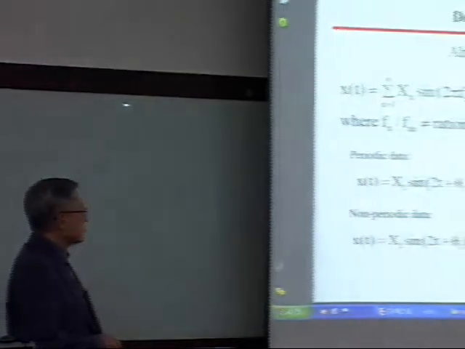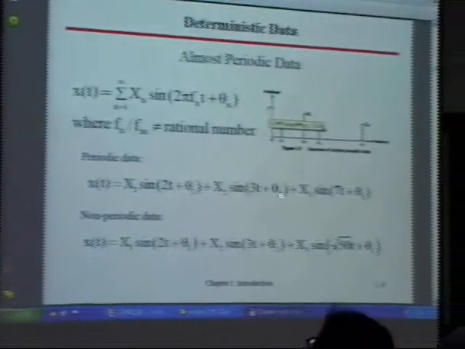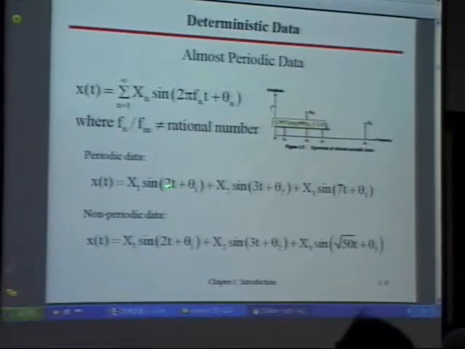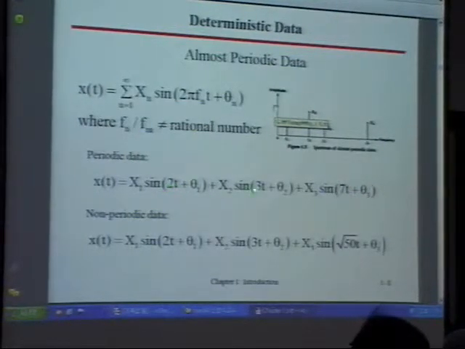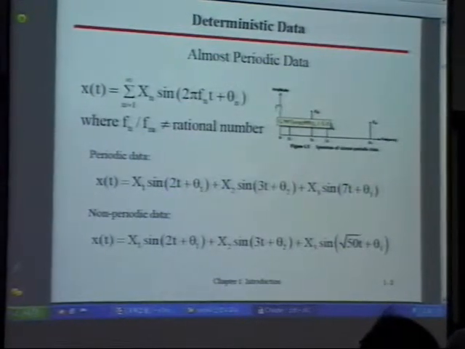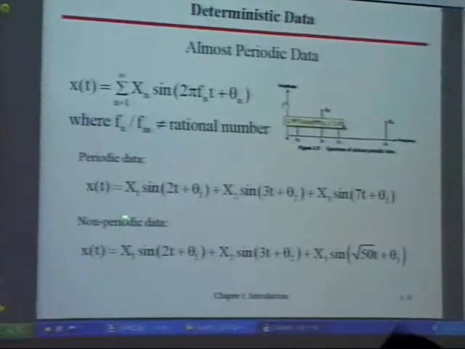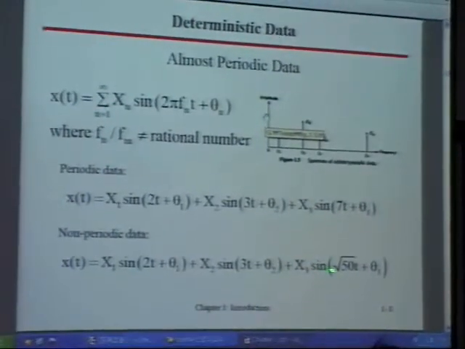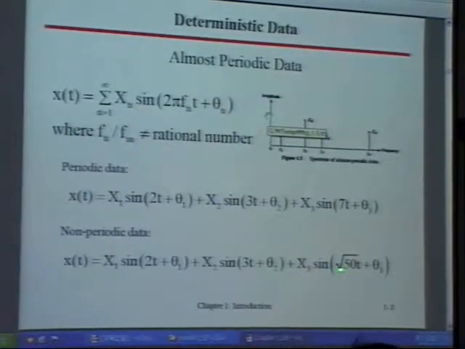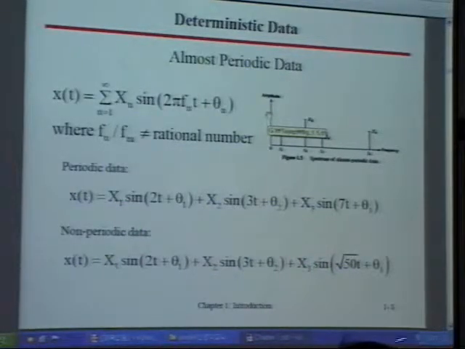But this case is all integer. You can multiply by 2 pi, but that cancels out already. So if you have a square root of 50, as an example, then that's not an integer. So you have to be careful.